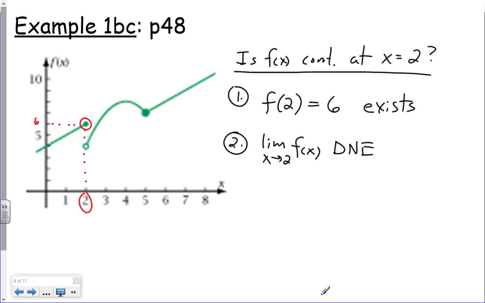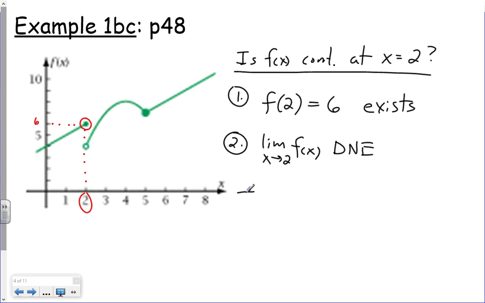In fact, that happens every time you have a step discontinuity, right? Limit from the left side and the right side will always be different, and so therefore the limit will not exist. So as soon as we find something that's not true in our definition of continuity, we can stop. I don't need to check the third part of the definition because I didn't even meet the second part of it.